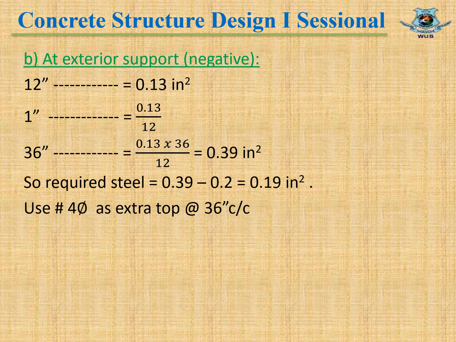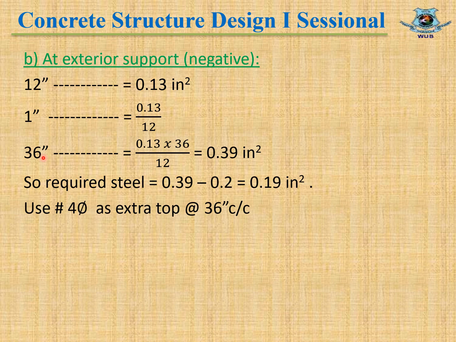This steel is for extra top at exterior support. At exterior support, steel area was 0.13 inch square per feet. That means for 1 feet or 12 inch spacing, steel required is 0.13 inch square. Similarly, for 36 inch spacing, steel required is 0.39 inch square. So extra top required 0.39 inch square. 36 inch spacing is twice the spacing of mid span.